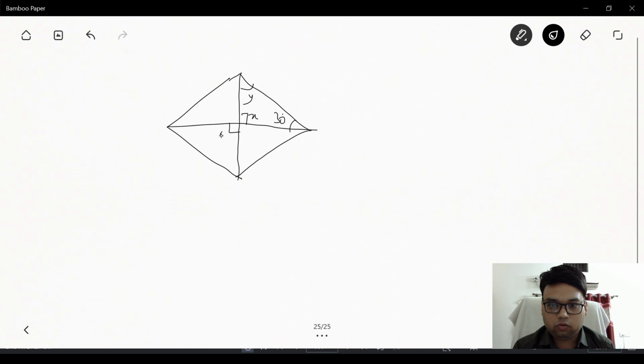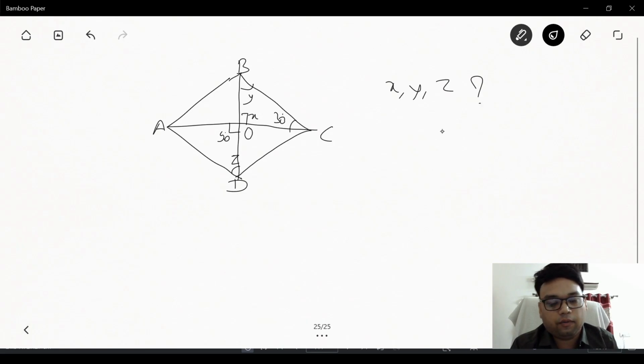This is equal to 90 degrees, and this one is angle z. This is given. Firstly, use notation for better clarification: use ABCD in cyclic order and name the center as O. Now we have to calculate x, y, and z.